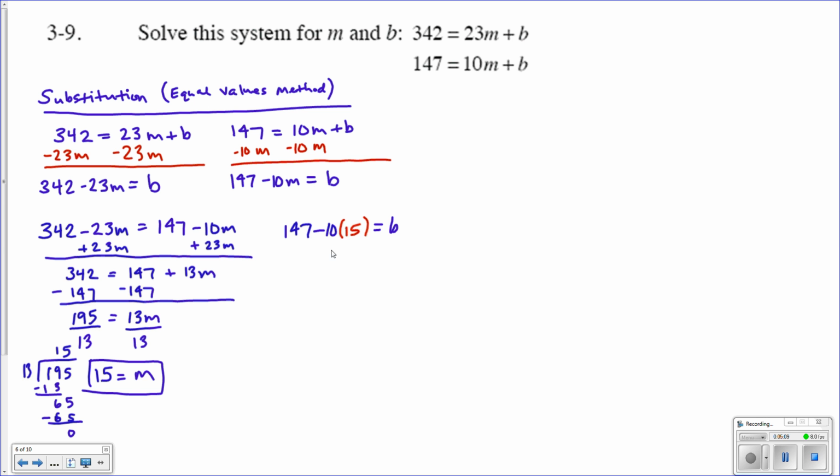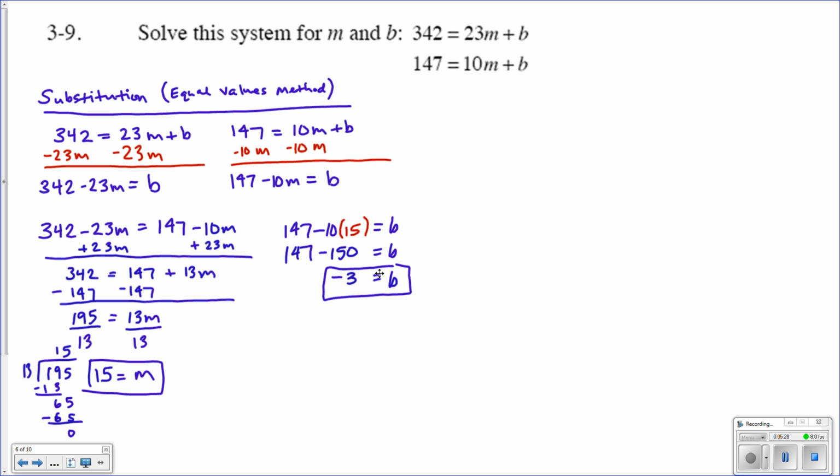Well, 10 times 15 is going to be 150, so we're going to be taking away 150 from 147, which means that b is going to equal -3. So we get that m is 15, b is -3.